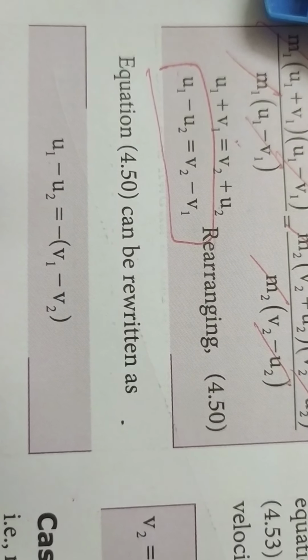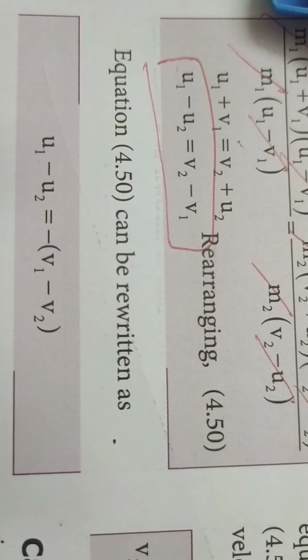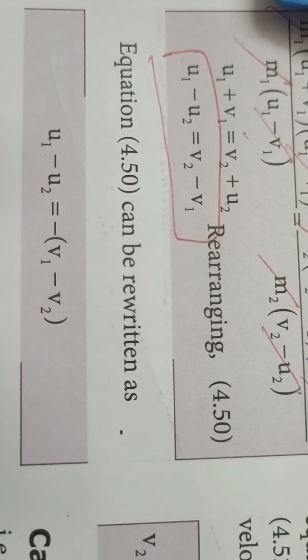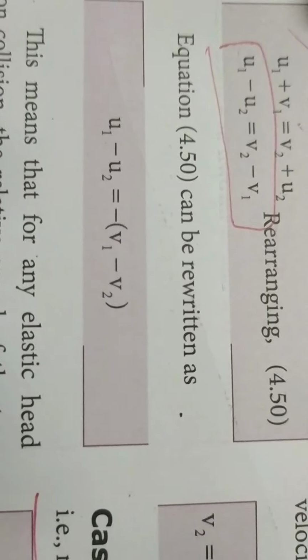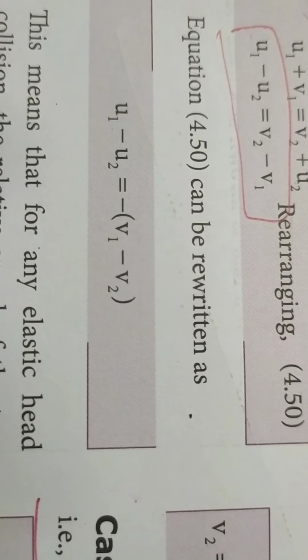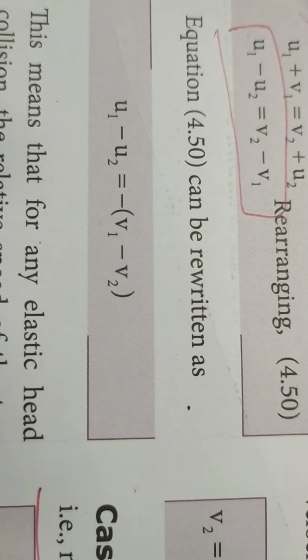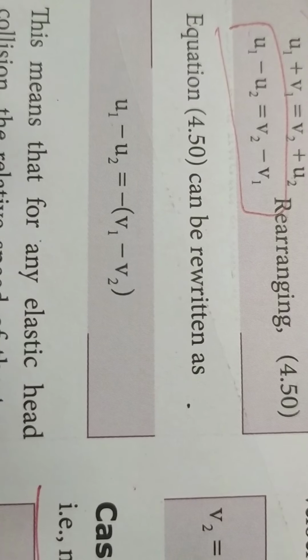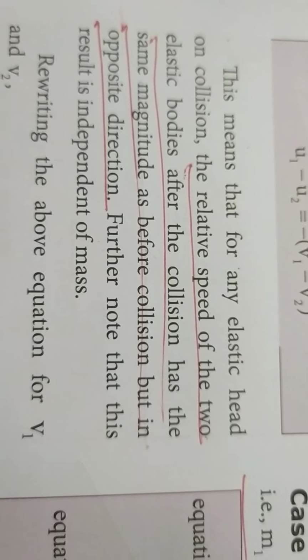Bring the initial velocities to one side, so u1 minus u2 is equal to v2 minus v1. You can also write the right hand side as minus of v1 minus v2. That means the relative velocity before collision is equal to the opposite of the relative velocity after collision. That is the main point here.